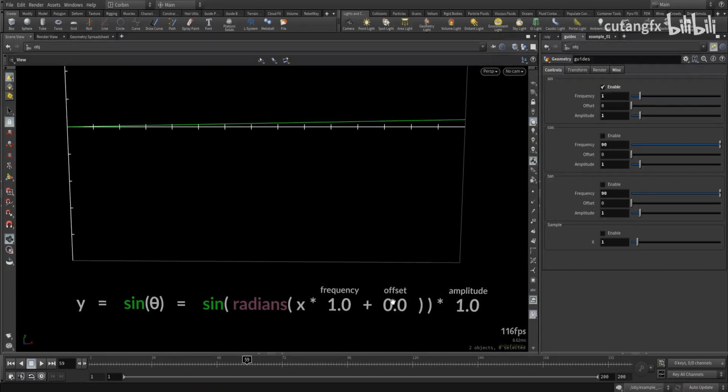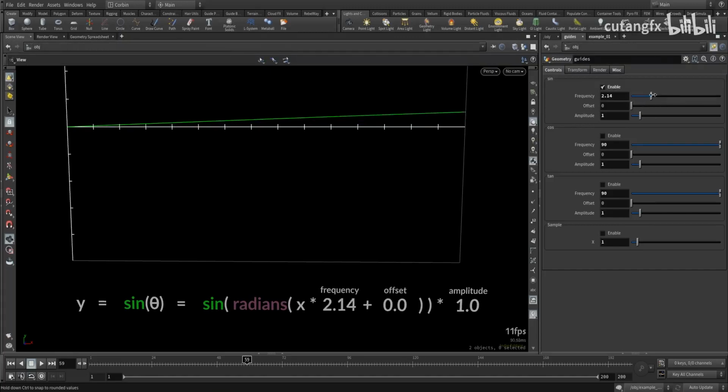This number could be anything we want it to be, and all it's doing is saying, well, if you're at the 0 point, then you want to sample at the point of this 0 in the sine wave, but actually I want you to sample at 5. So you can literally just add an offset where it will then sample that different value, and the result is that it moves our wave left and right.